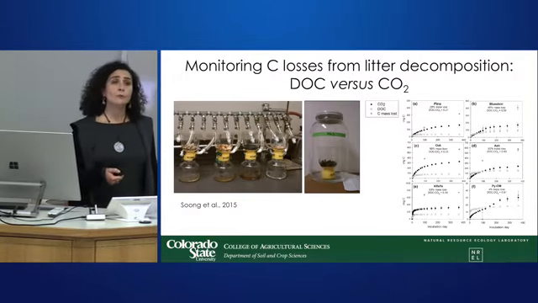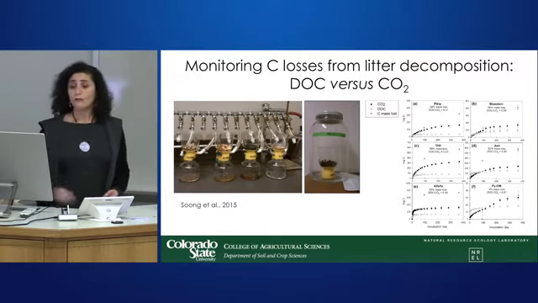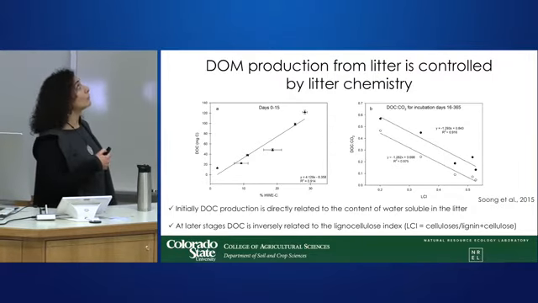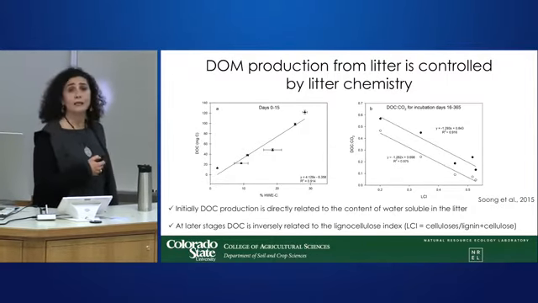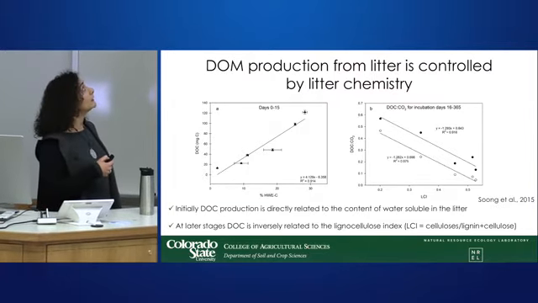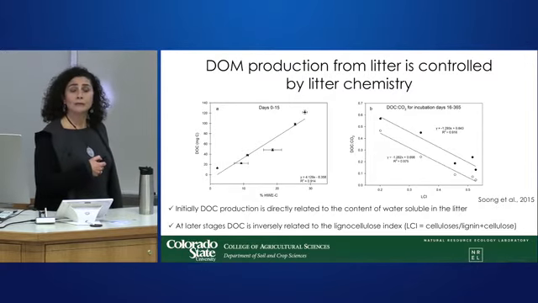When we looked deeper to understand what was controlling those DOC dynamics, we found out that the majority of the DOC came out within 15 days of incubation and was very strongly linearly related to the amount of hot water extractable in the plant material that we had analyzed.